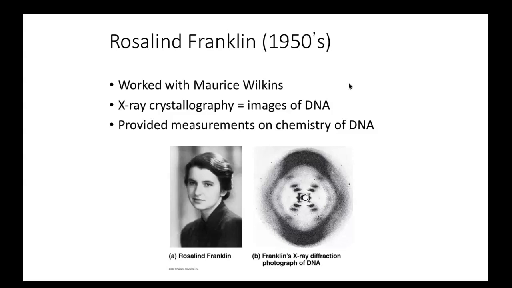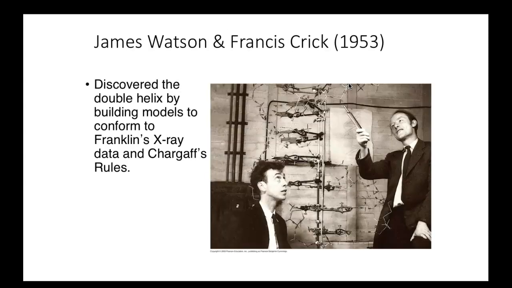All right, Rosalind Franklin, the only thing you need to write down about her, I wouldn't write down any of this stuff, except she was the first person to actually get X-ray images of DNA. So she took X-ray images of DNA. She didn't get credit for this until after she died, which is unfortunate because these guys, Watson and Crick, took her X-ray images and then they got credit for coming up with the double helix.